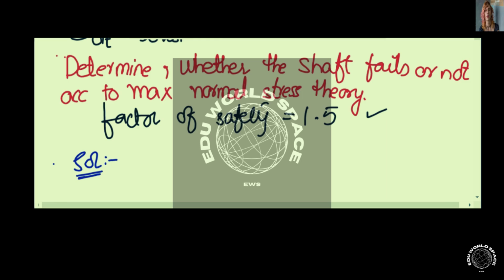The maximum normal stress theory says that the absolute value of sigma sub 1 is equal to the ultimate stress, and the absolute value of sigma sub 2 is also equal to the ultimate stress.